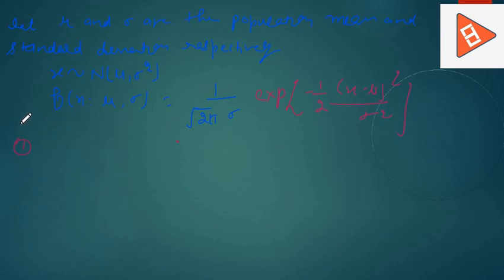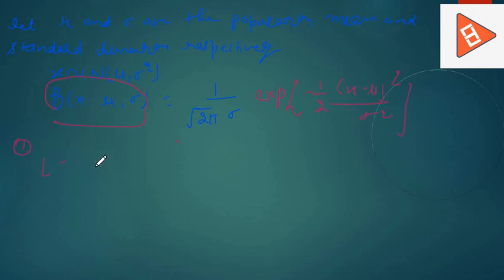In first case, we have to find out the maximum likelihood estimator of population mean when variance is known. So first of all, we have to derive the likelihood function for the density function f(x, mu).